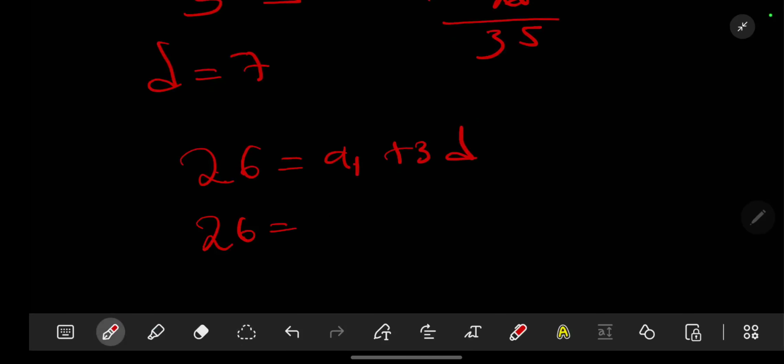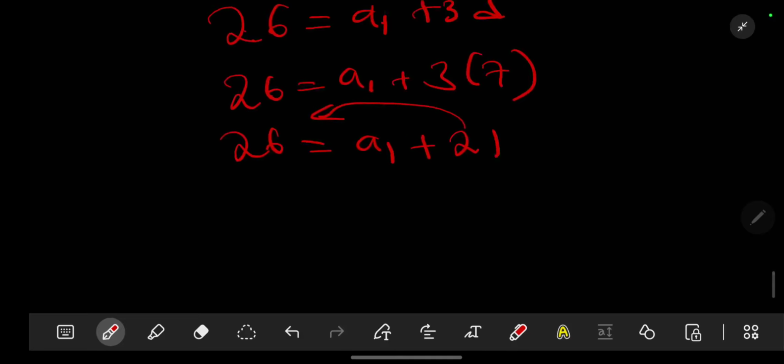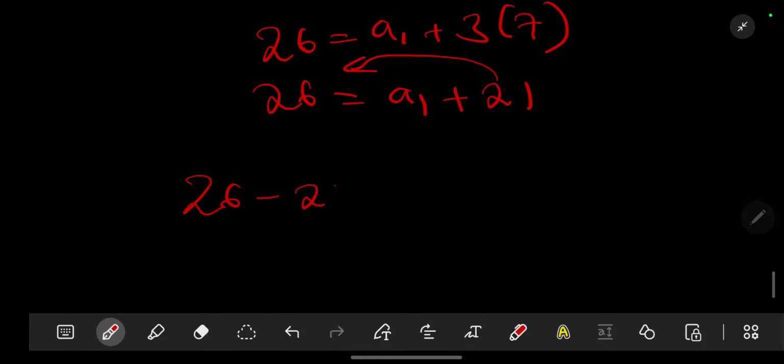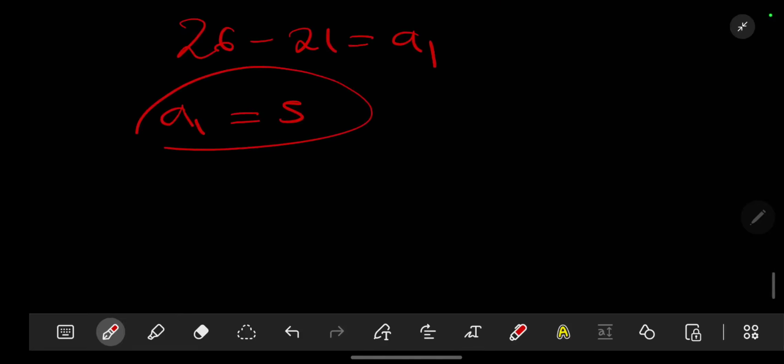So 26 should be equal to a1 plus 3 times our d, which is 7, so a1 plus 21. This goes this side, so it will be 26 minus 21 should be equal to a1. So our a1 should be equal to 6. Oh, 5, not 6. 26 minus 21 is 5.